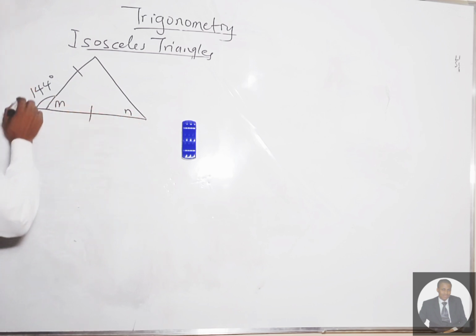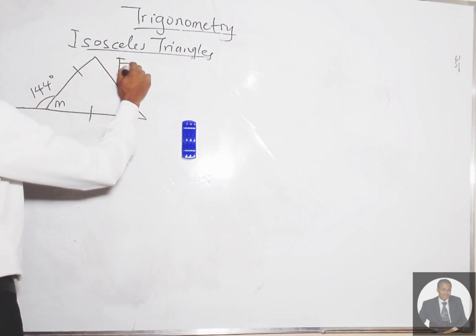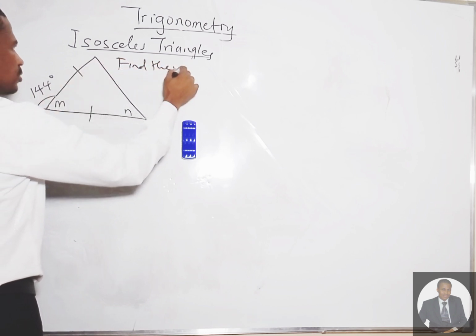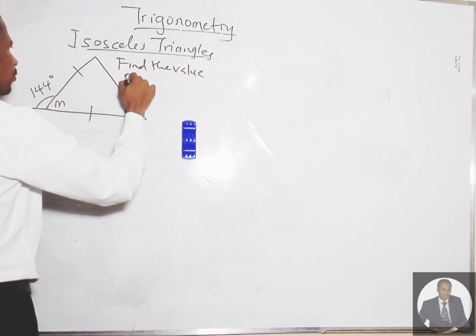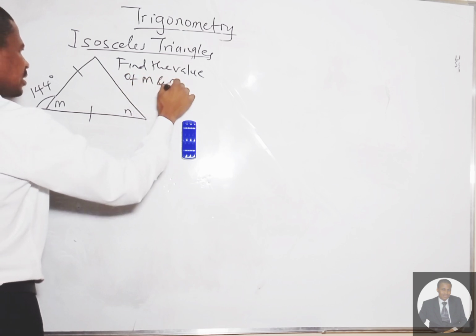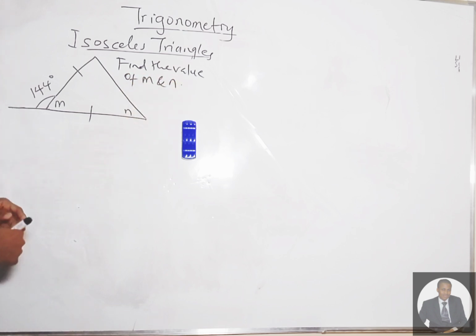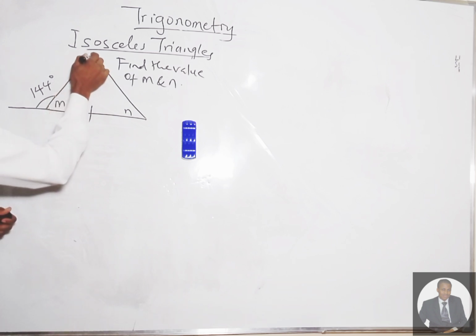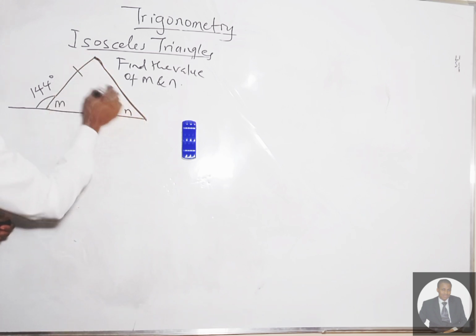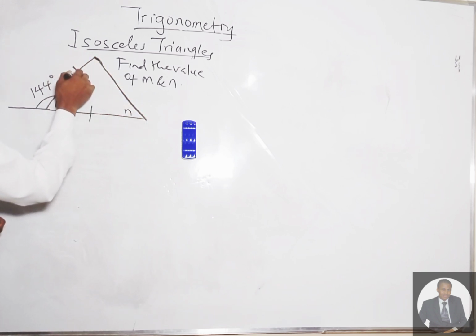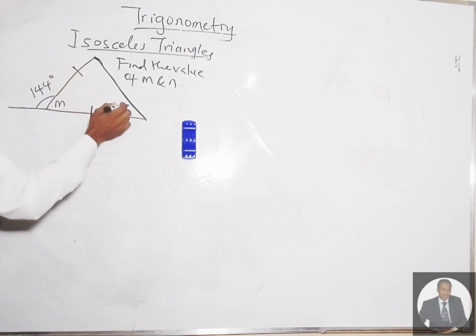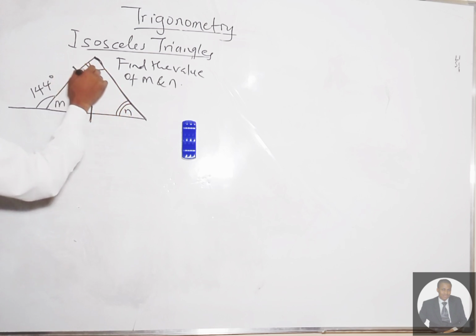We have to find the value of m and n. This is an isosceles triangle, and this is the base. The base always faces the equal sides. These are the equal sides. So this angle at the base is equal to this angle, so we can also name this as n.